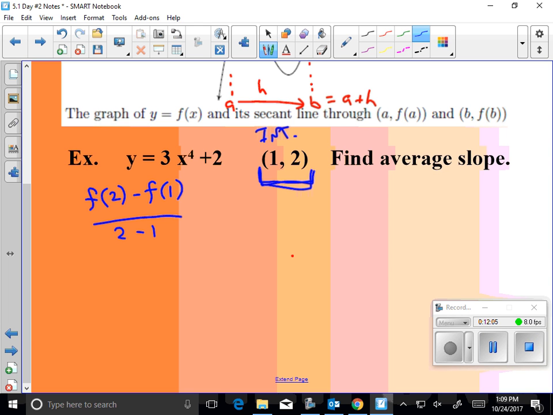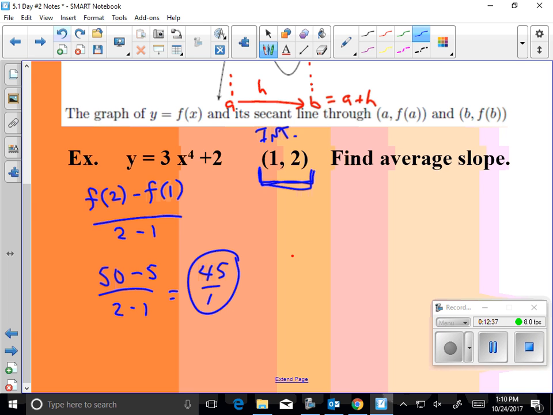Subtract them and divide by the change in the horizontal, from 1 to 2. Okay, so f of 2, well, that's 2 to the 4th, which is 16. 16 times 3 is 48. 48 plus 2 is 50. So f of 2 is 50. F of 1 is 5. Whoops, that should be a minus, over 2 minus 1.